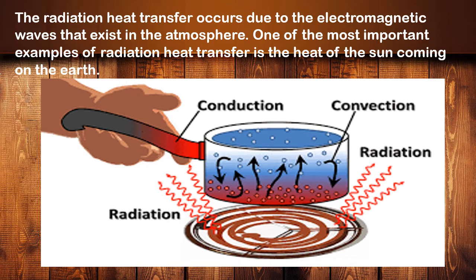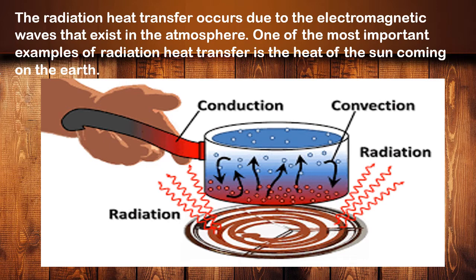Because of the radiation, the utensil put on the gas gets heated, and the whole vessel gets heated. Hence the person grabbing the handle also feels the heat, and we come to know that because of conduction the heat is transferred from the base of the vessel up to the end of the handle. By this way conduction works.